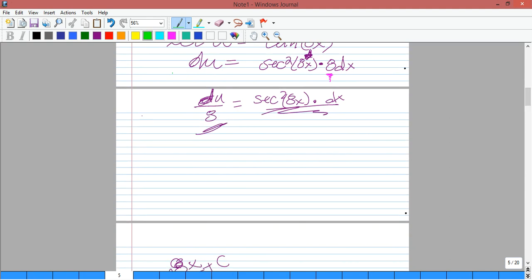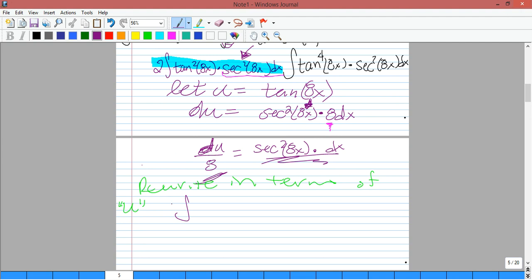So now we're going to be rewriting in terms of u. So we have the integral. We have 2 on the outside, and then the integral of u. We have 1 u in our original u layout, but in our problem we have tangent squared.